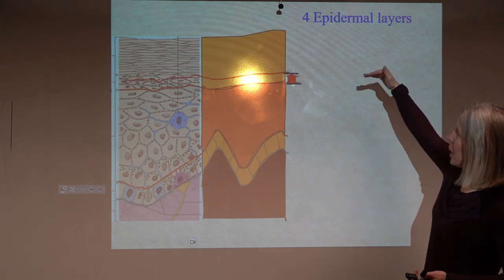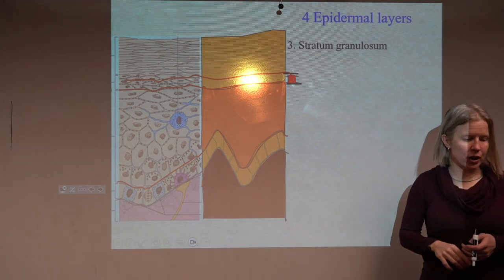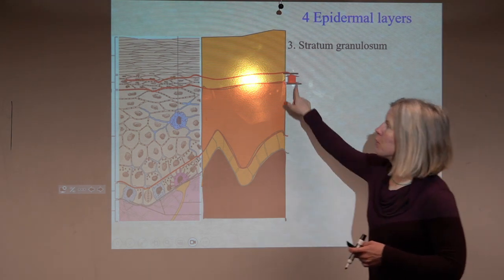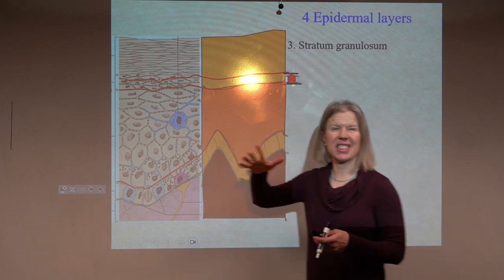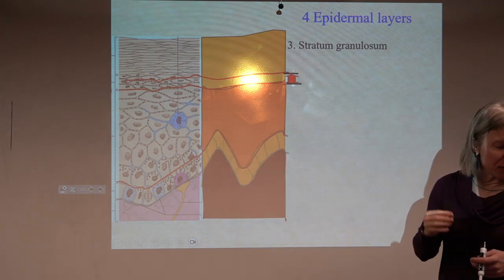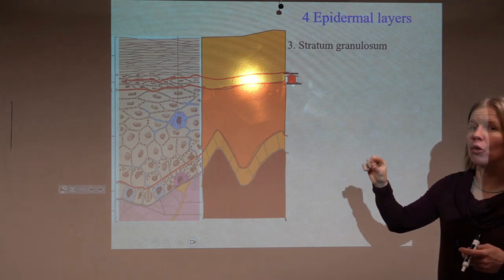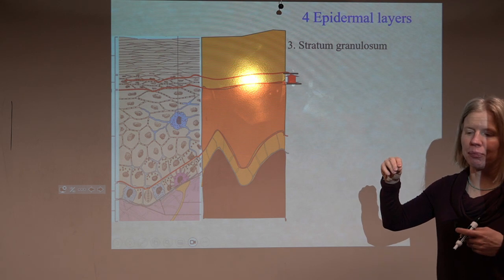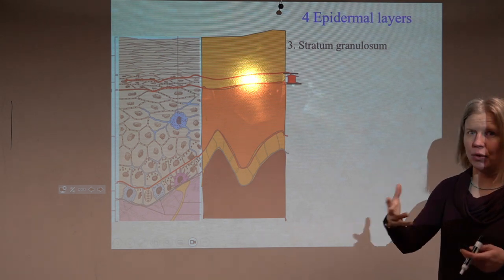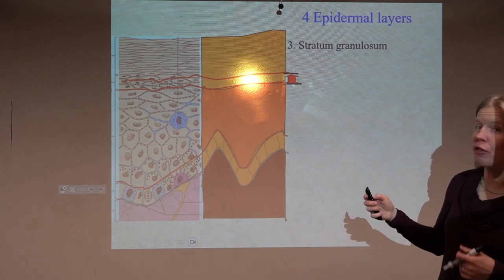If we keep going up, right, we have the stratum granulosum. Now the stratum granulosum, you'll notice, is actually quite thin. It's something like 3 to 5 cell layers thick. And at this point, we're really seeing these cells become what we say keratinized, right? That protein is getting fully formed. The cells start flattening.